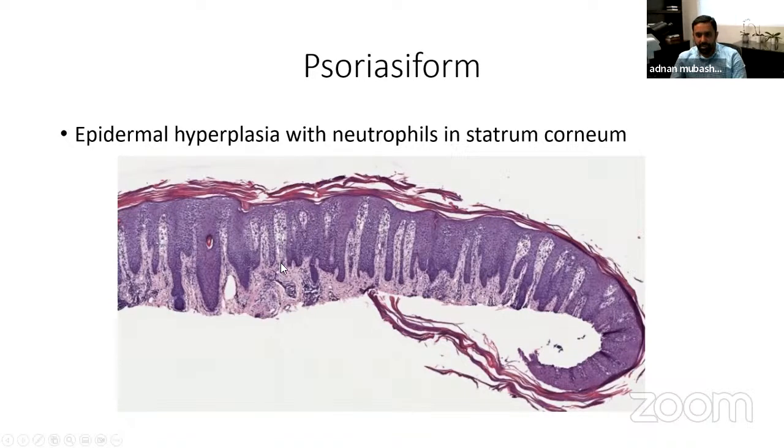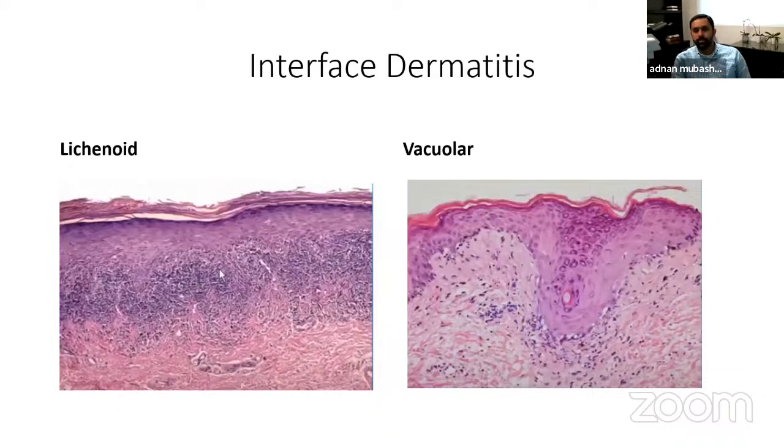You have the dermis going into the epidermis and stretching out the suprapapillary part of the dermis. So this reaction pattern is called psoriasiform reaction pattern. We'll talk more in detail about these patterns once I cover the basic patterns, and we'll talk about the differentials that we will see in those patterns.